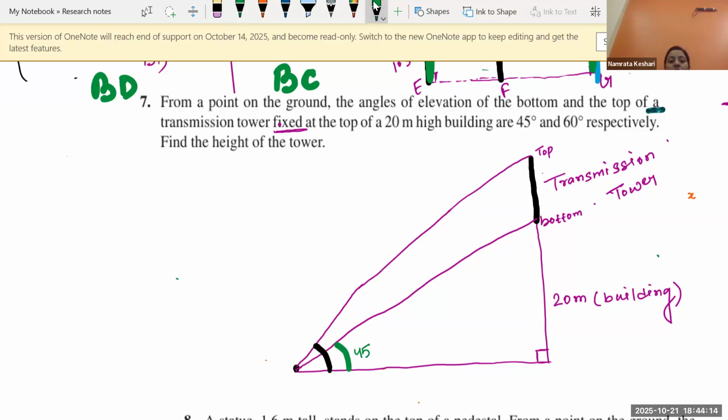Until you have started constructing the figure, you will not understand where to mark 45 and where to mark 60. Just after drawing only one angle of elevation, if I start thinking, shall I take 45? Shall I take 60? It will not make sense. You have to mark both angles and it will be clearly visible that the smaller one is 45 and the bigger one is 60.